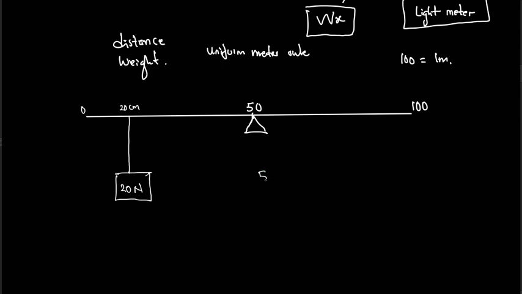50 Newton is heavier than 20 Newton, obviously. So how do we balance a heavier weight on the right hand side? Because 50 Newton is heavier, it has to be closer to the fulcrum. If this is the 20 cm mark, it means the distance between the 20 Newton weight and the fulcrum is 30 cm.